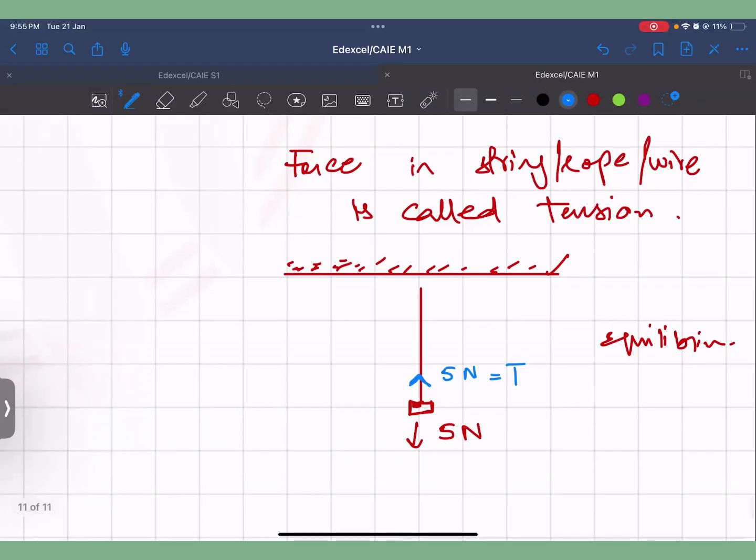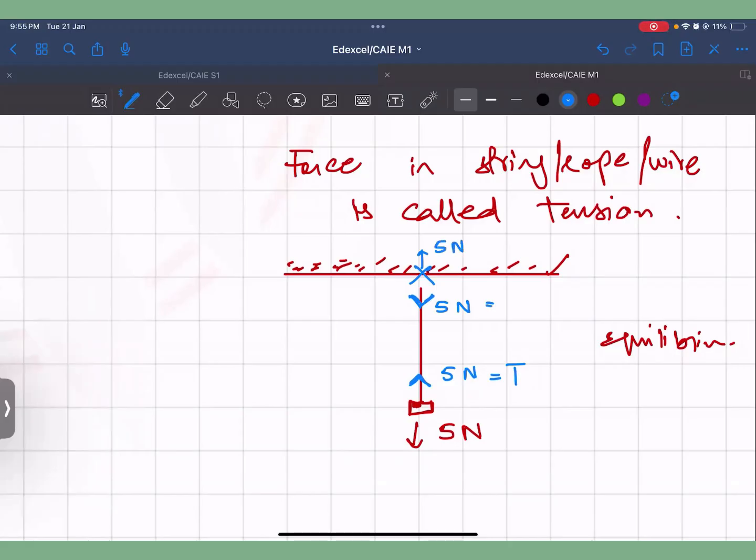But at the other end, where this string is attached, the string is going to pull that attached point downwards with the same force, 5 Newton. But there would be a resultant normal force on the ceiling which would be upwards, which is 5 Newton.